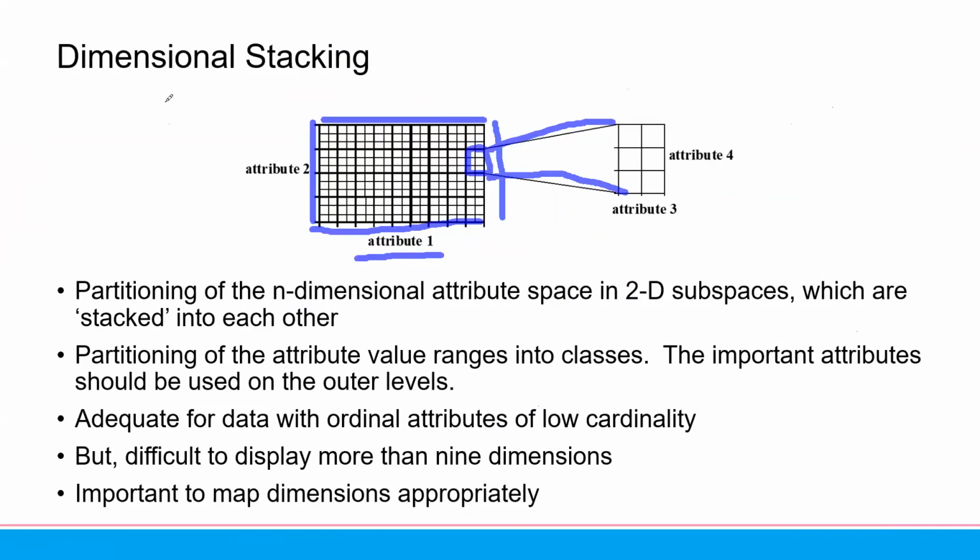For example, if attribute 1 is the city, and attribute 2 maybe is the season, so we want to see the temperature of the city and the season. And then we can focus more. Let's see in this detail.